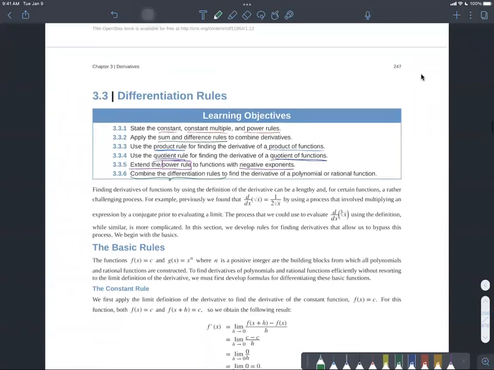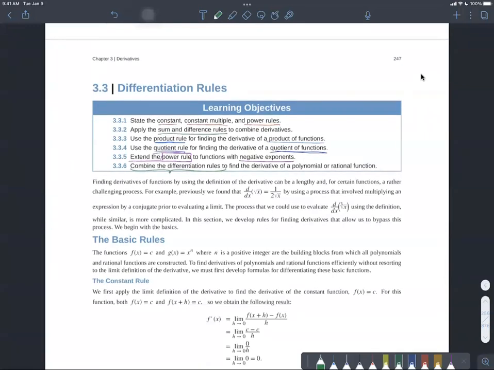So let's go ahead and start reading. It says, finding derivatives of functions by using the definition of the derivative can be a lengthy and, for certain functions, a rather challenging process. For example, we previously found that the derivative of the square root of x with respect to x was 1/(2 square root of x) by using a process that involved multiplying an expression by a conjugate prior to evaluating the limit.